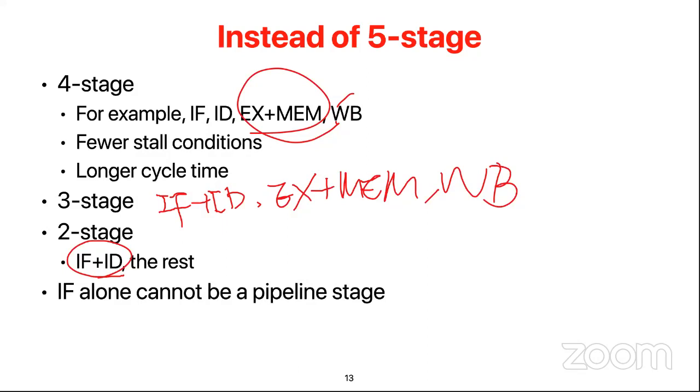If you leave the instruction fetch alone with the rest as another stage, this is possible, but it's not fulfilling our educational purpose. So if you try to do a pipeline with IF and the rest as a stage, that's not allowed. So these are the potential ways that you could do it.